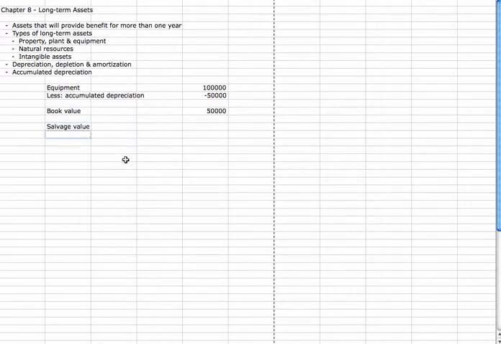Now, the salvage value is what we think the asset is going to be worth at the end of its useful life. Okay, so now what I've done is I've given you three terms.